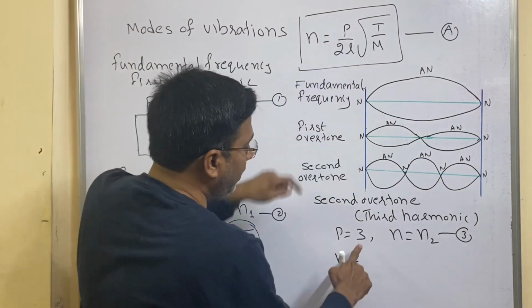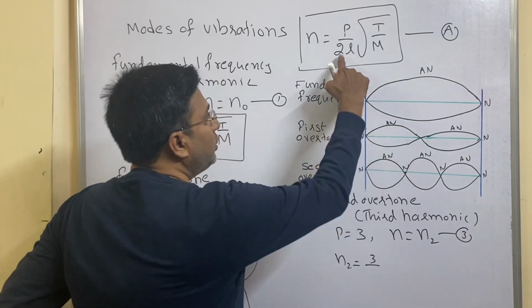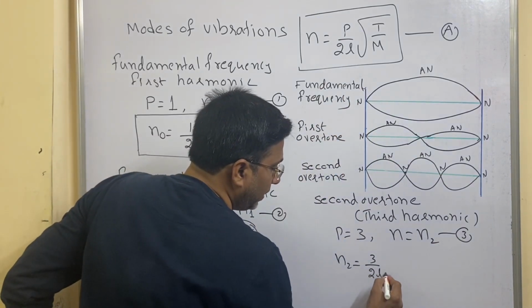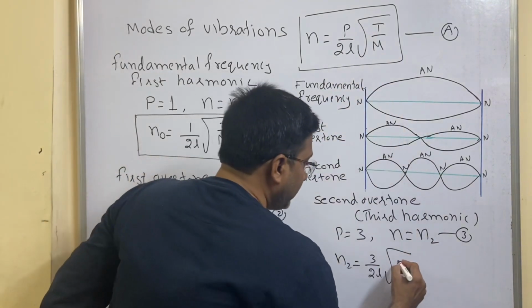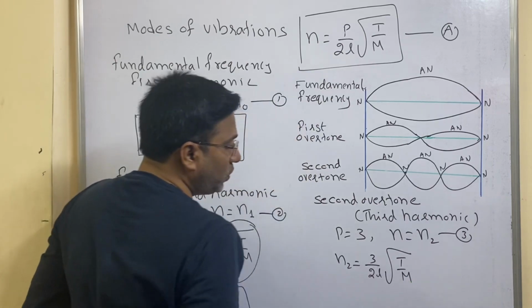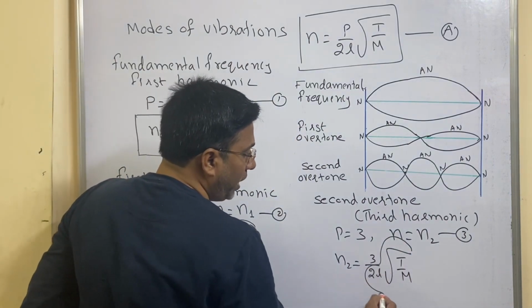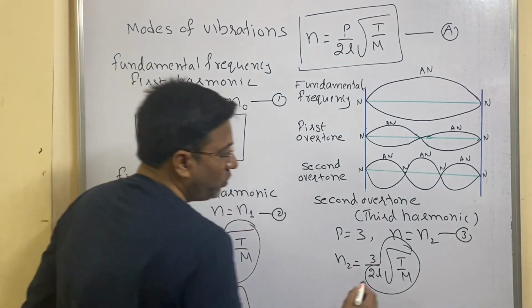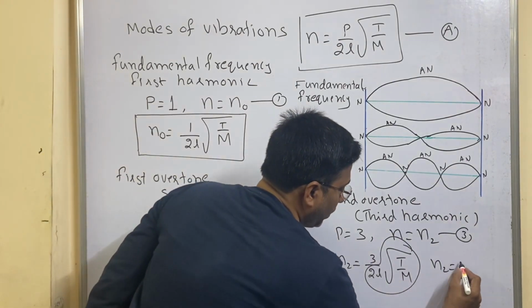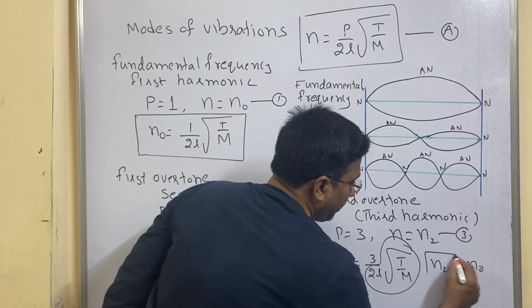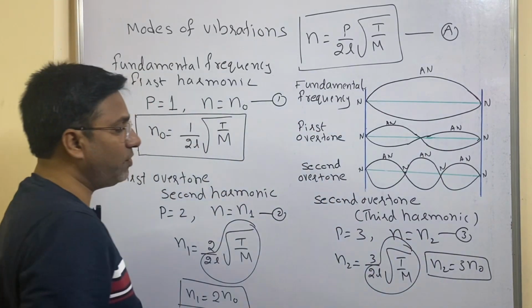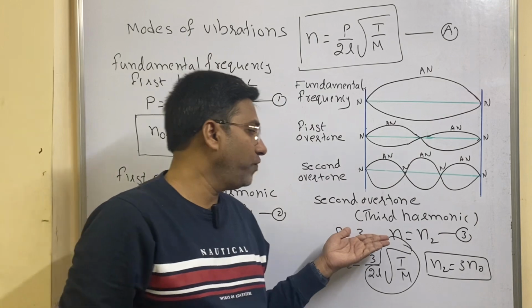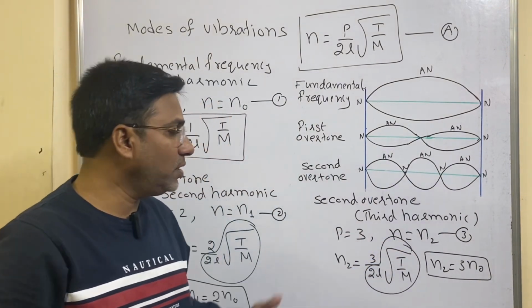In place of P, we can write 3. This 2L as it is, and this T by M as it is. Here also we can replace 1 by 2L under root T by M with n0. So we can write n2 equal to 3 n0. Thus, this is the equation for the frequency in the case of the second overtone or third harmonic.